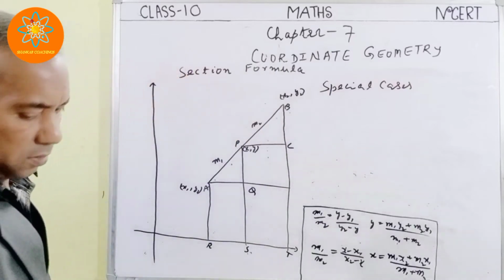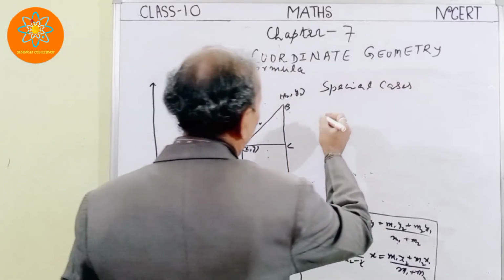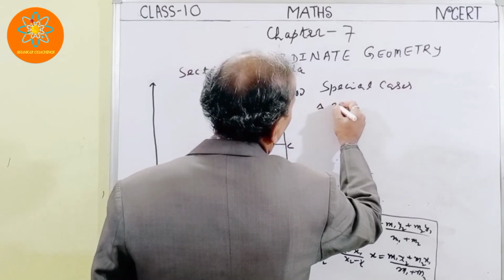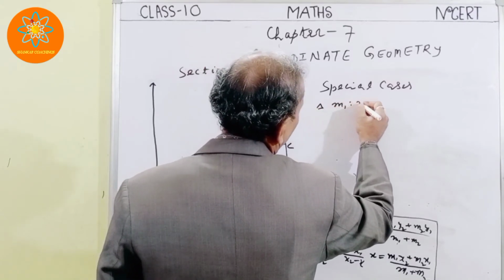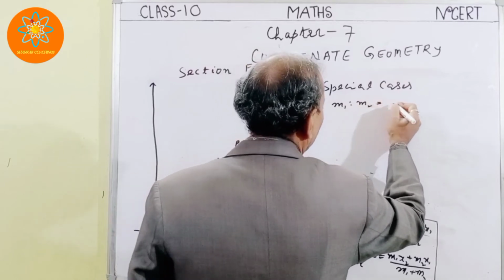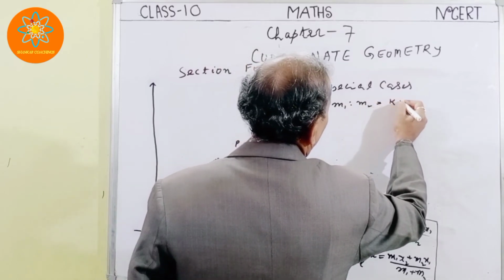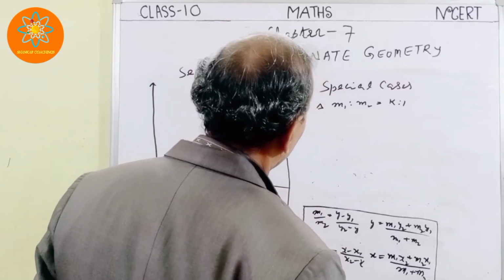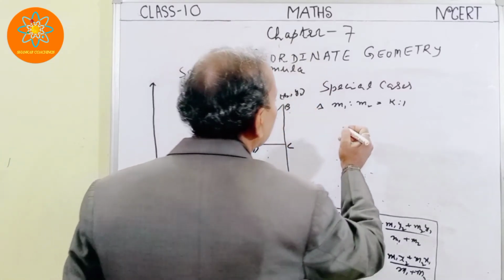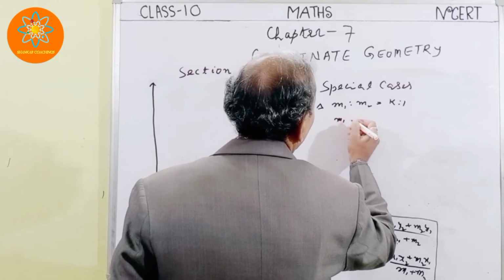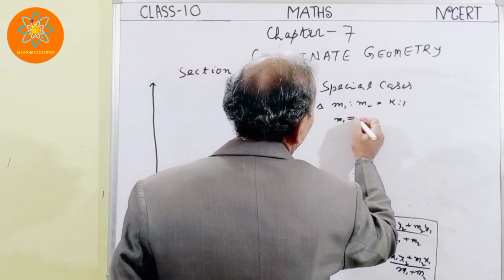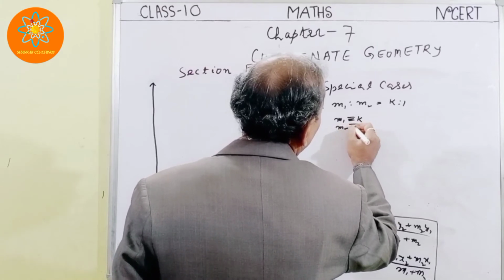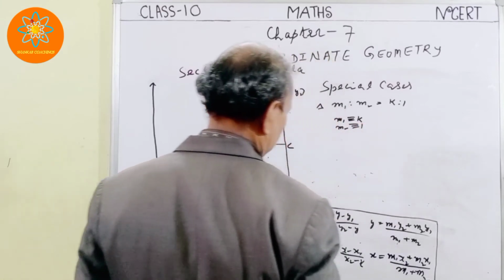Special cases. Number one: M1 is to M2 is equal to K is to 1. M1 is equal to K, M2 is equal to 1.